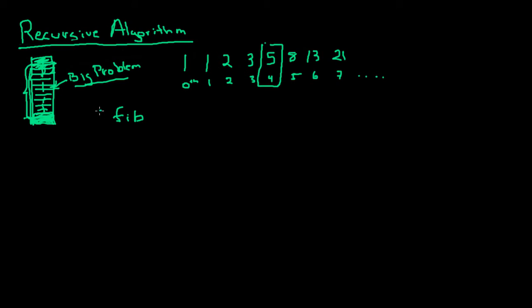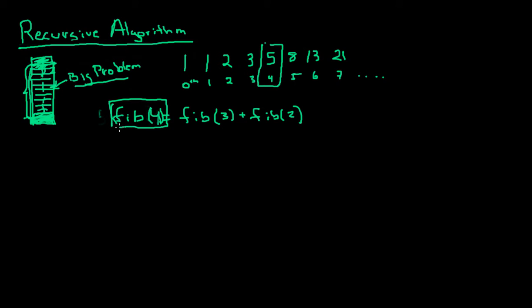So the 4th Fibonacci number is going to be equal to the 3rd Fibonacci number, so let's say Fibonacci of 3, plus Fibonacci of 2. So I want to find the 4th Fibonacci number, and it's going to be equal to the sum of the 3rd and the 2nd.